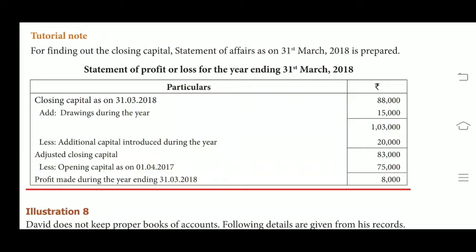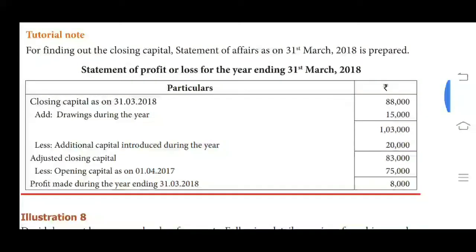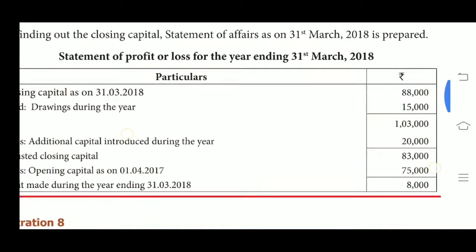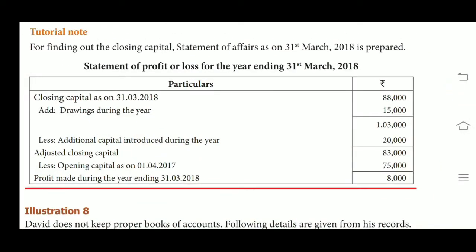Closing capital as on 31st March 2018, 88,000. Add the amount of drawings to the closing capital, 15,000. Then 1,03,000. Deduct the amount of additional capital introduced during the year, 20,000, and then the total is 83,000.